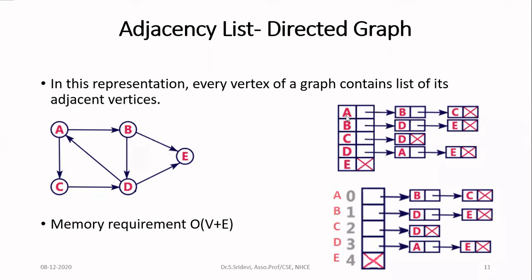You can see here, the first is with respect to node A, the second with respect to node B, the third with respect to C, then D, and then E. Then we will represent information about the neighbors, that is, whichever adjacent neighbor can be reached from A. From node A, you have 2 outgoing links, which means from A you can reach B as well as C. So they are your neighbors, they are your adjacent nodes.